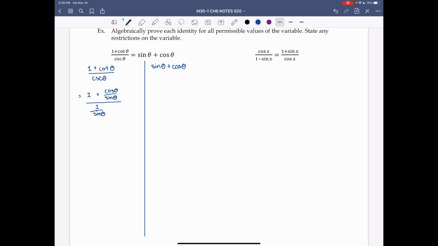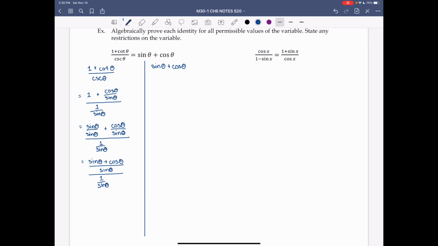That would be sine theta over sine theta plus cos theta over sine theta, and then the bottom is still 1 over sine theta. Then the top becomes sine theta plus cos theta over sine theta, divided by 1 over sine theta.